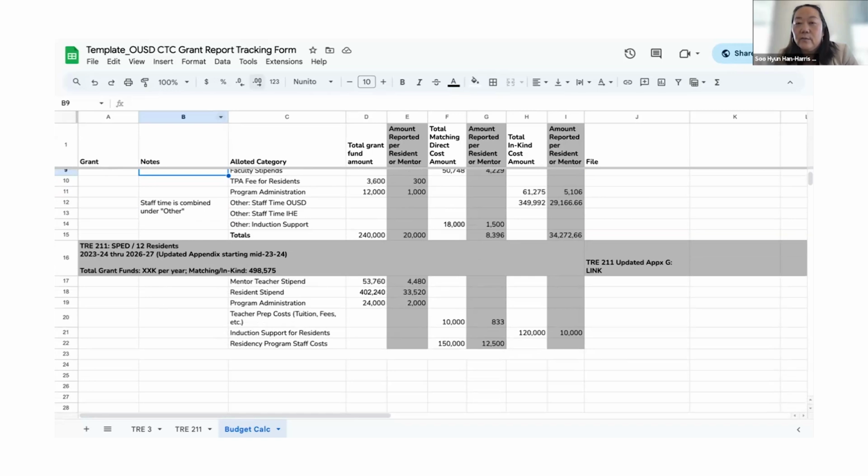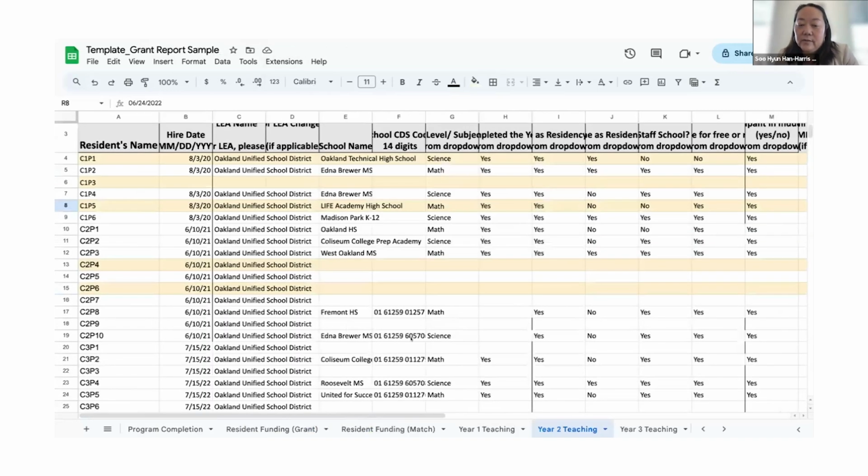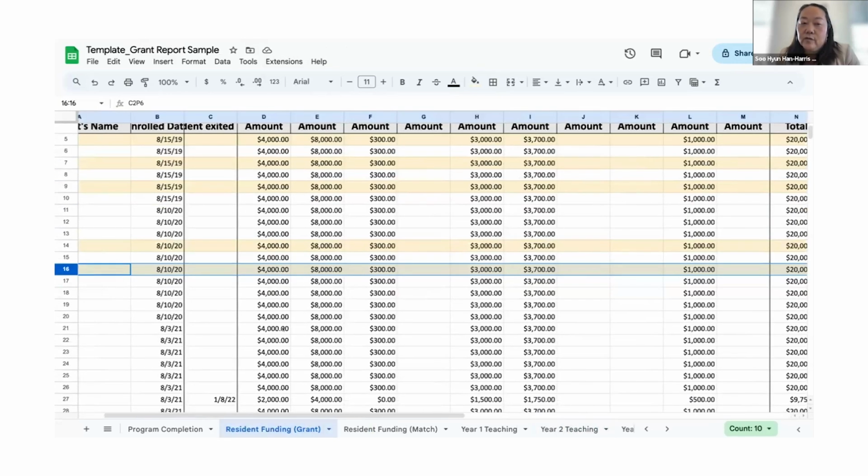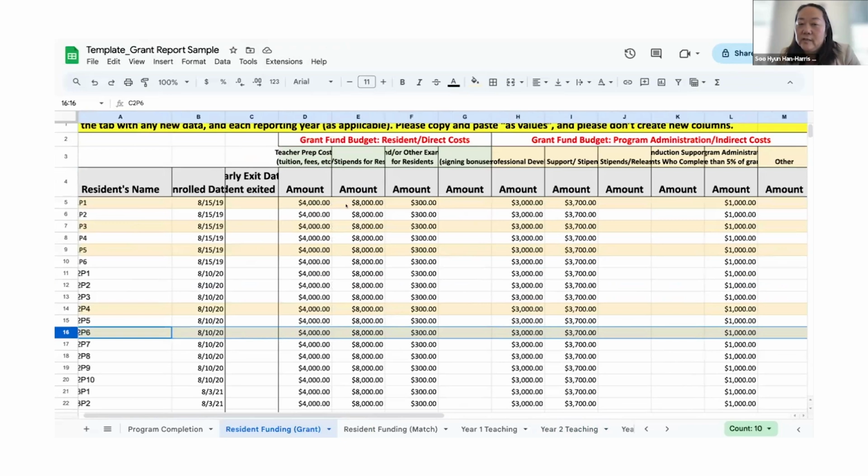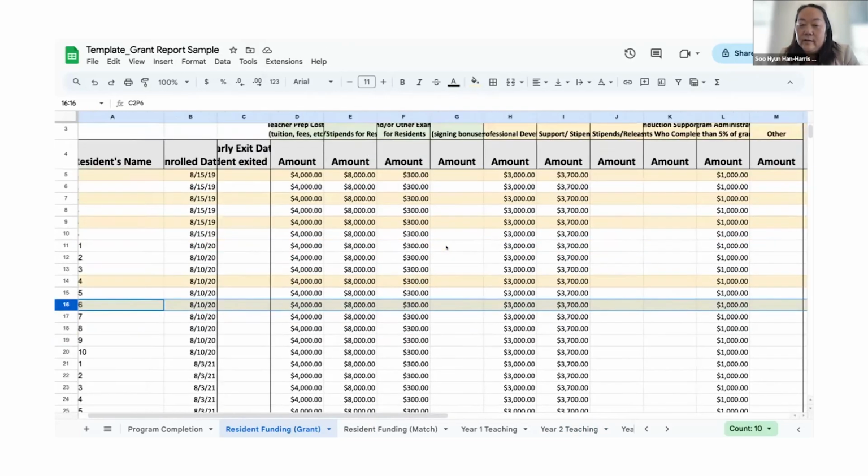And then when it comes time to fill out the funding pieces, it makes it so much easier because I can just transfer over that information only in the categories where we've said that we needed funds for. And so I translate that over here.